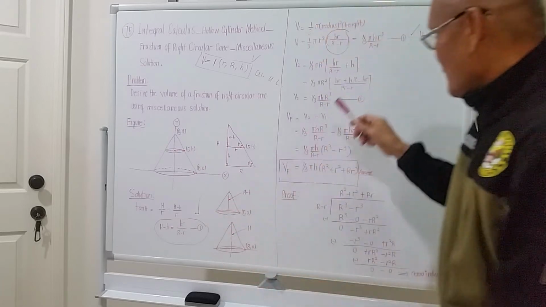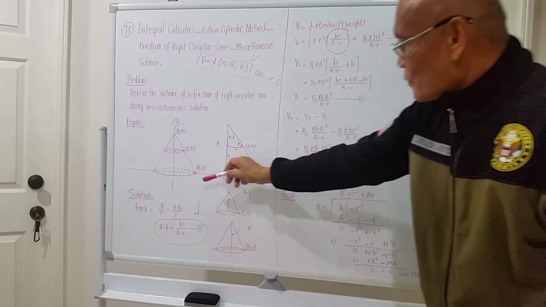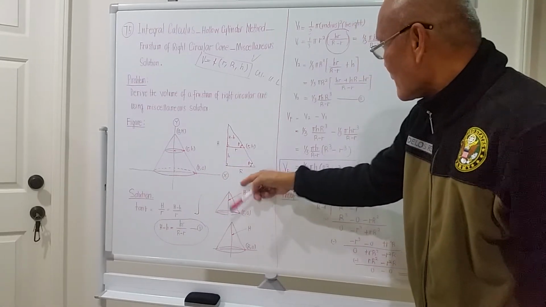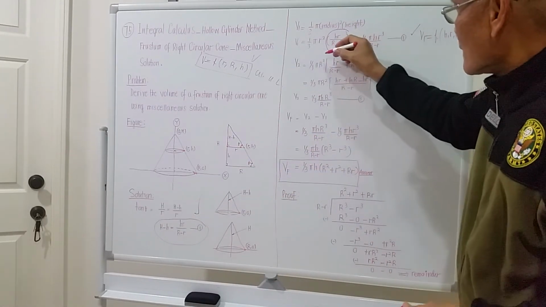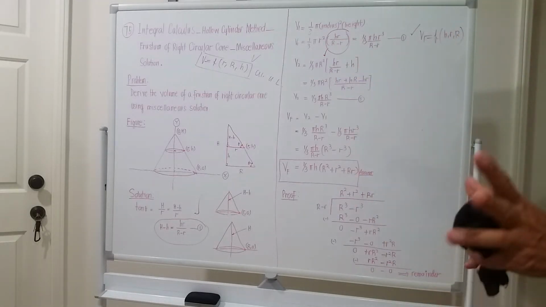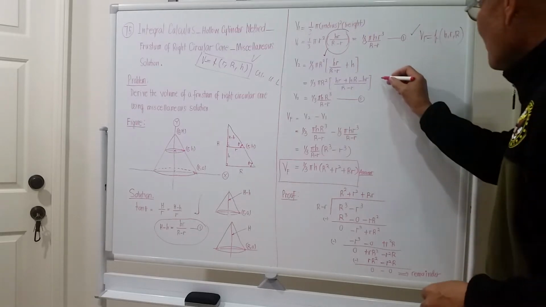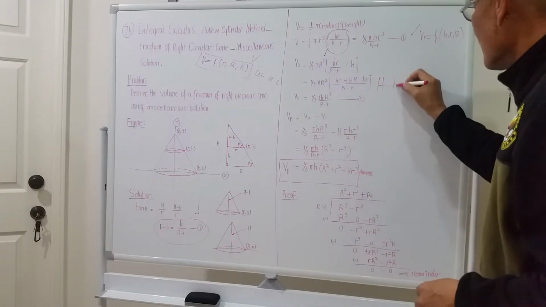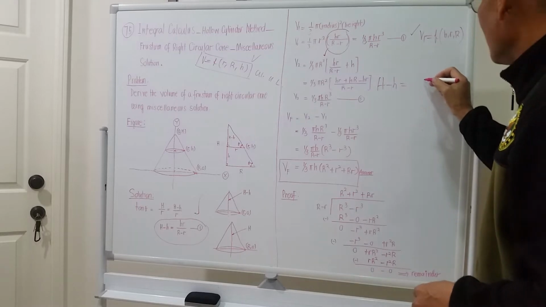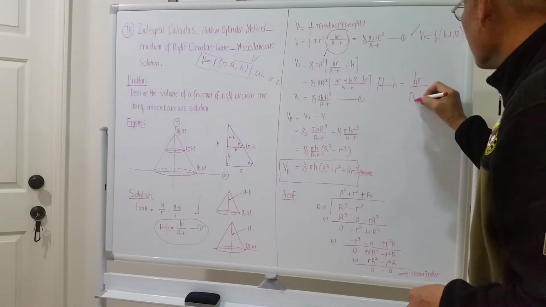It should be the same formula, 1/3 pi. The radius of the bigger cone is actually capital letter R, so this is capital letter R squared, times what's the value of H? Capital letter H minus small letter h is actually hR over R minus r.